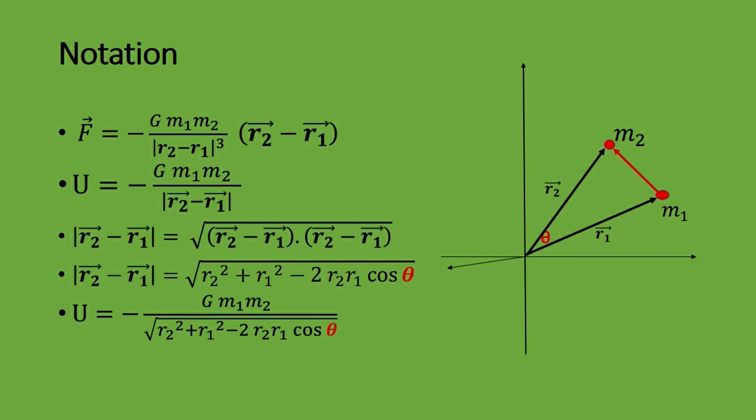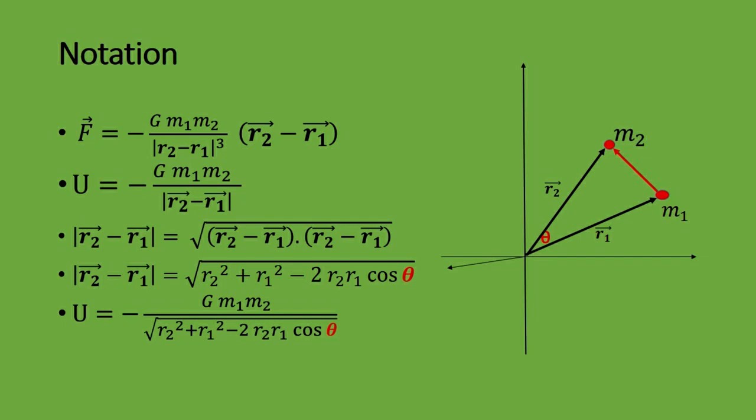So to find the magnitude of any vector, we will use this relation. Now we take the vector R2 minus R1 dot itself. Distributing the dot product, you will get R2 dot R2, which gives us the magnitude of R2 squared.